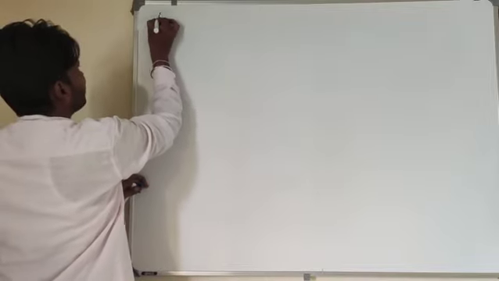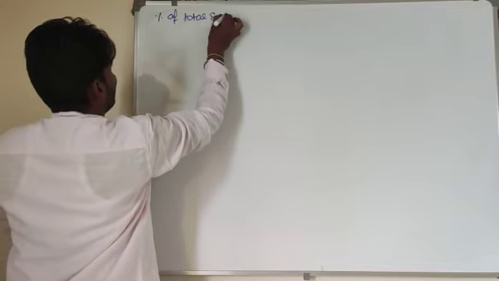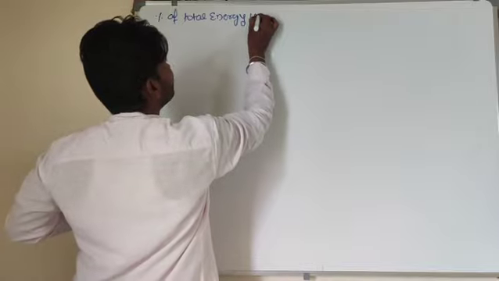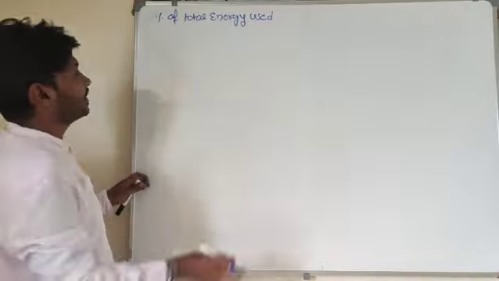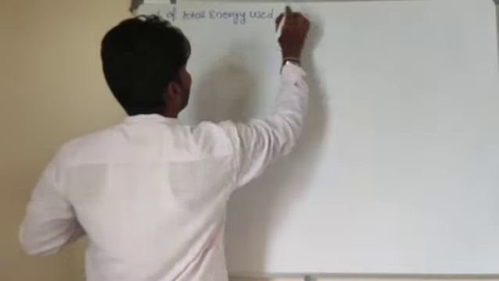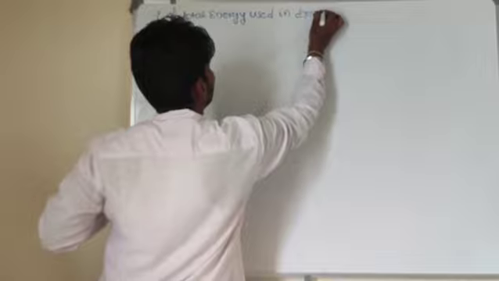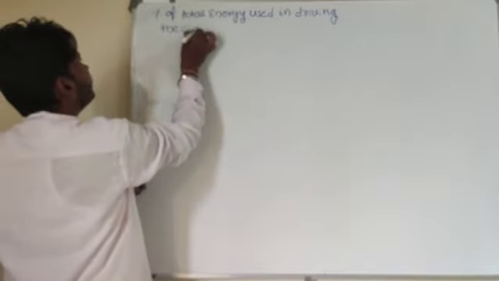So I can consider that energy in terms of percentage: the percentage of total energy used. How much percentage of the energy I am using from the cell I can consider. The percentage of the total energy used in driving the current from the cell.